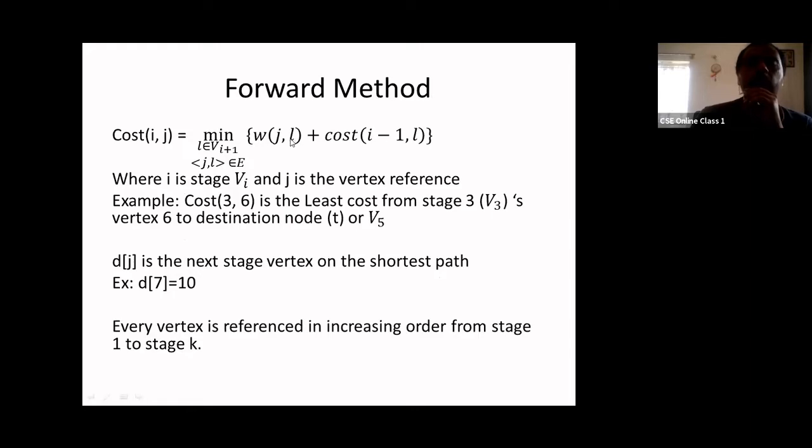So the cost of that will be equal to the edge connecting that vertex J to the next stage vertex L, so J to L, plus the cost of connecting that L to the sink, that is T. So that is given as cost of i minus 1, comma L. Is it i minus 1?